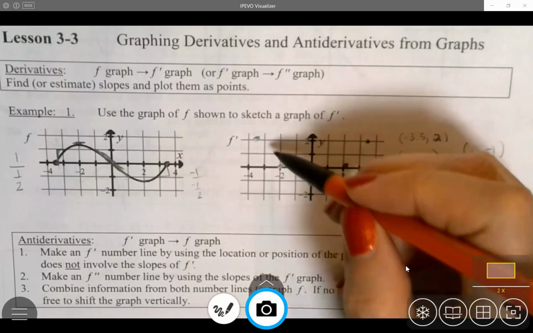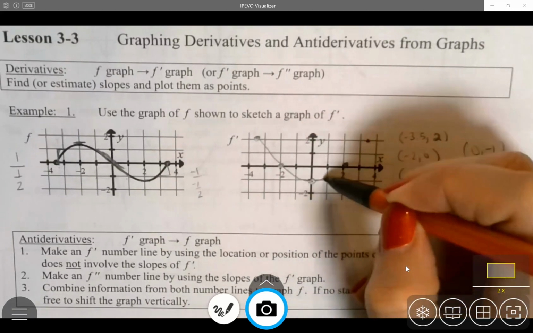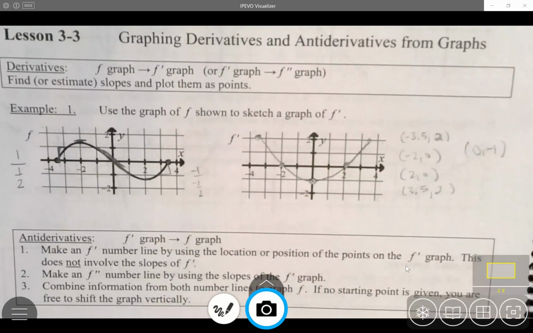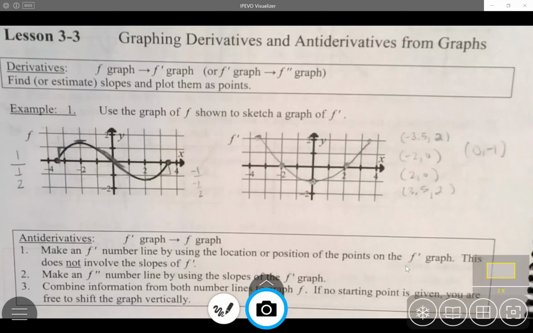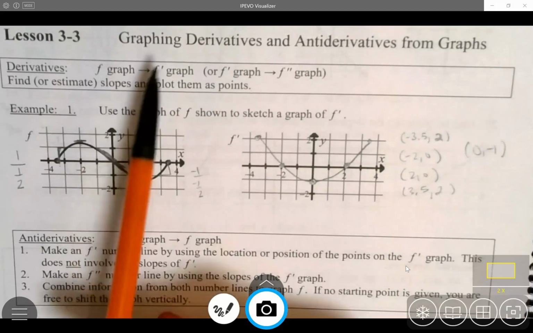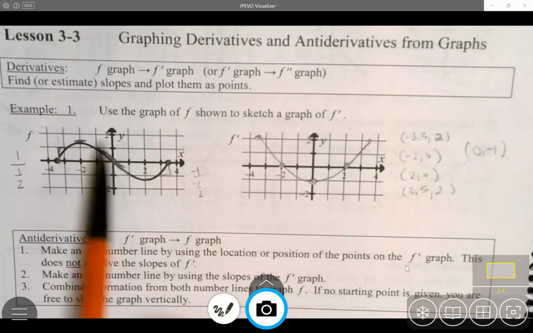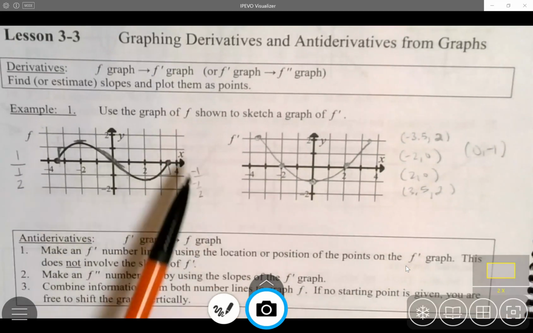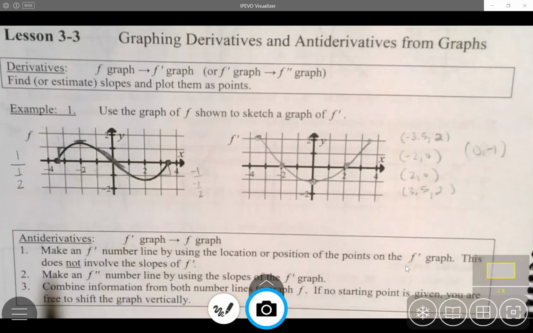And then I just connect the dots. Okay, so quite honestly, it is easier going from a graph to the derivative because you just have to find specific slopes. You don't have to go through your f prime number line and your f double prime number line, which is what we're going to do next.